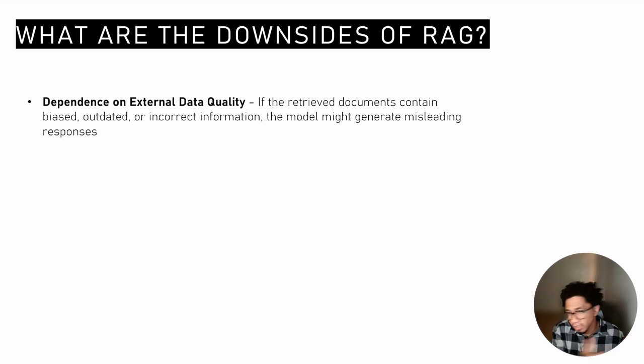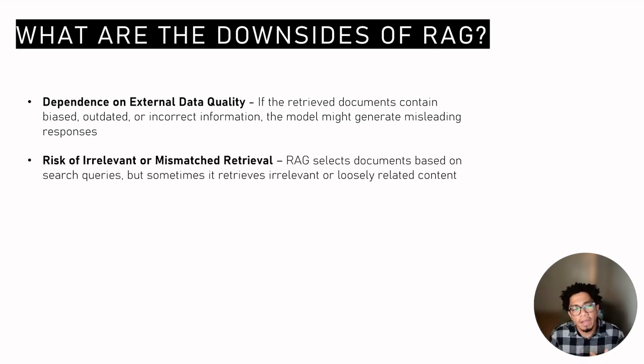That document might be outdated, might be incorrect, might be irrelevant, might be biased. If you're storing rubbish data, it's going to retrieve rubbish data, and this might mislead the model in its responses.